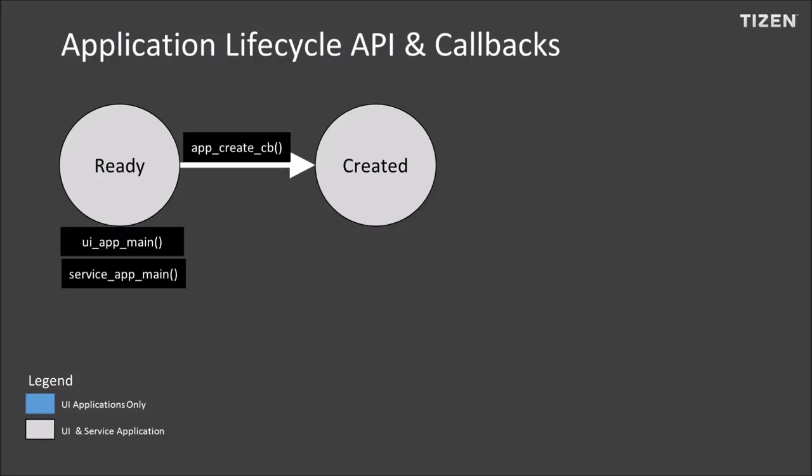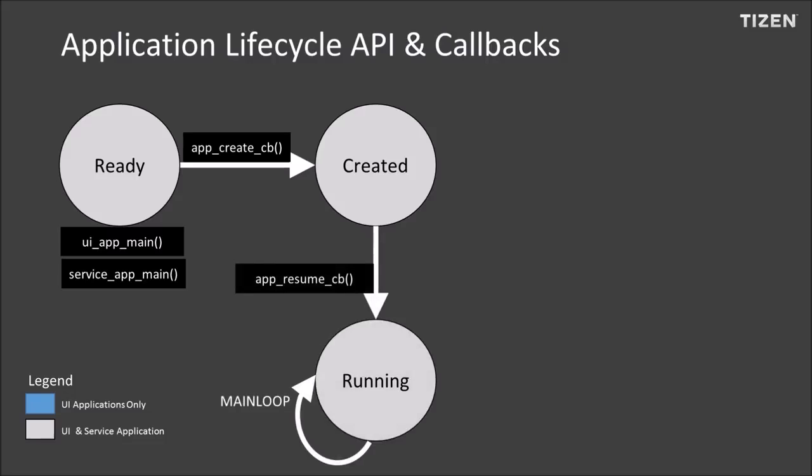After the application returns from the app create callback, the application framework moves the application to the running state by calling the app resume callback. In this state, the application is performing its normal operations like interacting with the user or doing network operations.